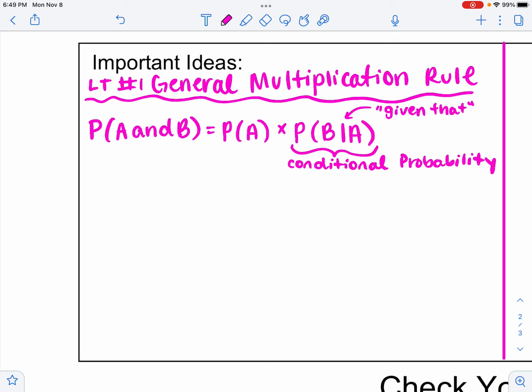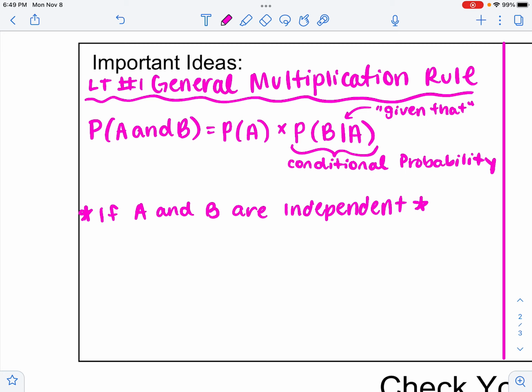All right, now we can actually simplify this if we know that 2 events are independent. Very similar to how we have the general addition rule and then we have a simplified version. So if A and B are independent, think for a second, how might this simplify my equation? What might happen if A and B are independent?